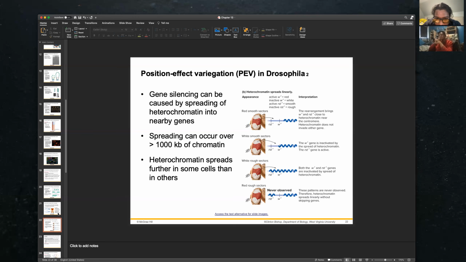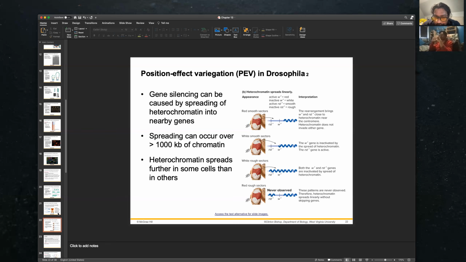The white gene is closer to the heterochromatin than the RST gene.